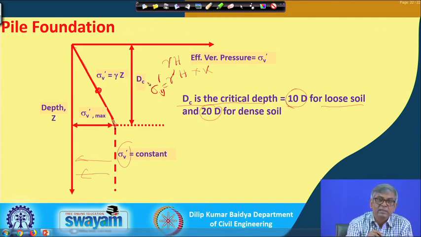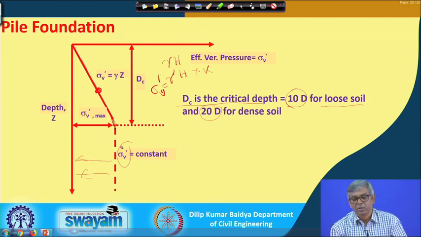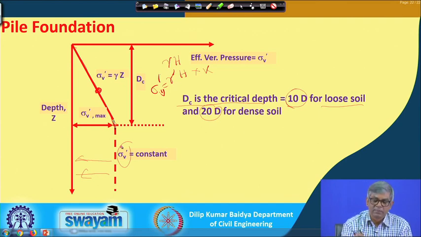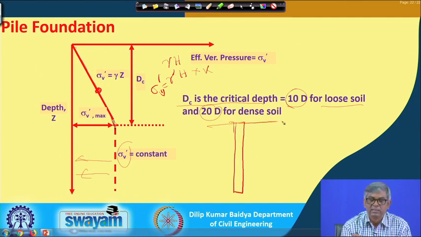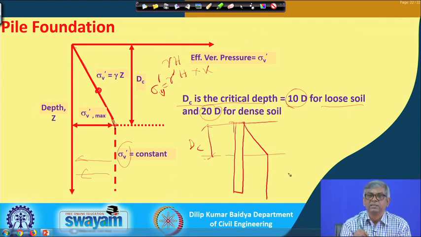That means, up to how much depth this linear variation is considered: when it is loose soil, we consider only 10 times the diameter of the pile, whereas for dense soil we use 20 times the diameter. So, if there is a pile like this, we see the soil condition, fix the critical depth, draw the vertical pressure diagram, and then using this diagram we can find the capacity of the pile.